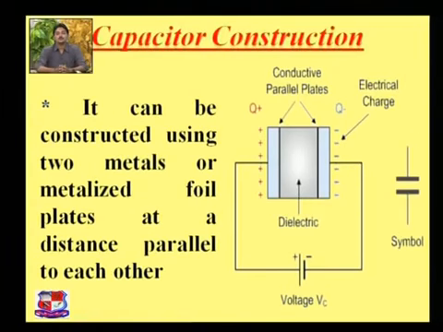Suppose a switch is in series with the supply voltage. Initially, if the switch is open, then no current can flow from the positive to the negative terminal of the battery. It means there is no potential difference between the two plates of the capacitor.